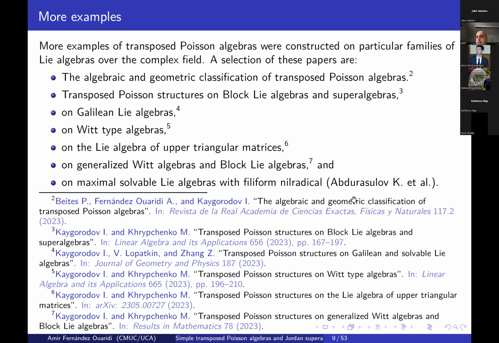We have the algebraic and geometric classification of transposed Poisson algebras of dimension 3. We have the transposed Poisson structures on the block Lie algebras. We have the transposed Poisson structures on the Galilean algebras, on the Witt type algebras, on the Lie algebras of upper triangular matrices, and on the generalized Witt algebras and block Lie algebras. Okay, so there are many examples.